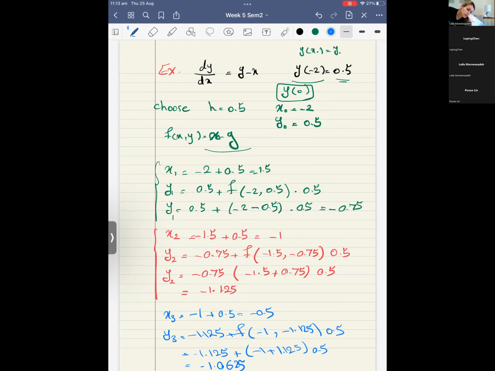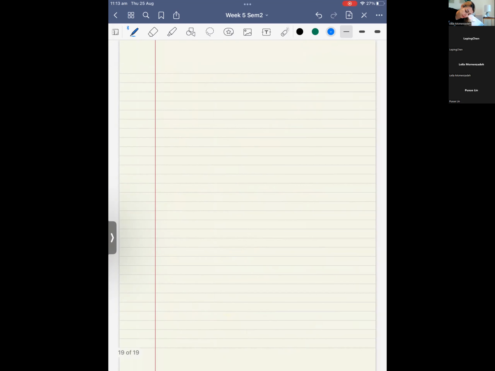Okay, let's keep going. x4 is equal to x3 plus h, and now it is 0. Yes, we found it. y4 is equal to y3 plus f of x3, y3 times h.